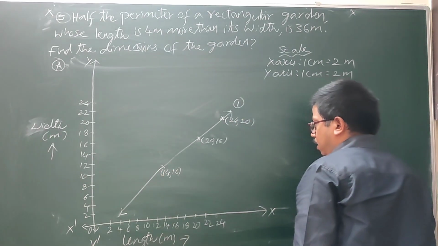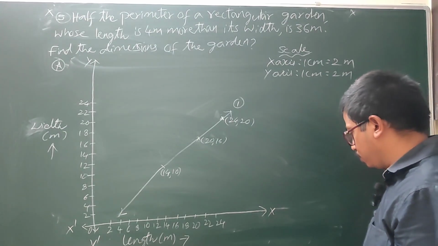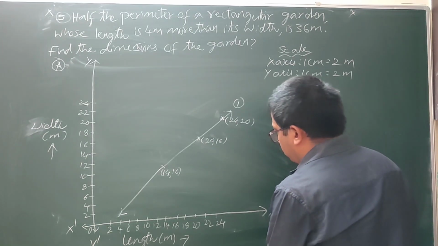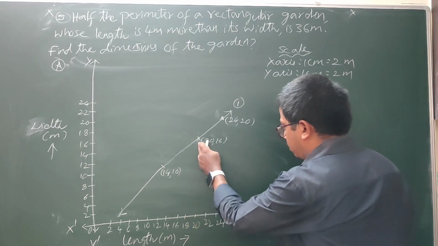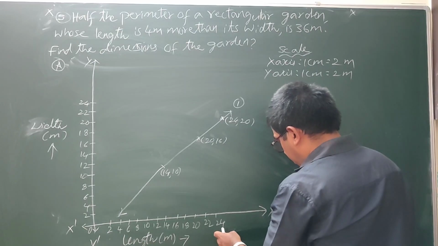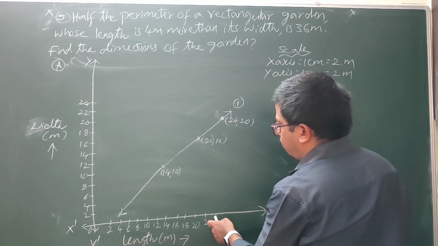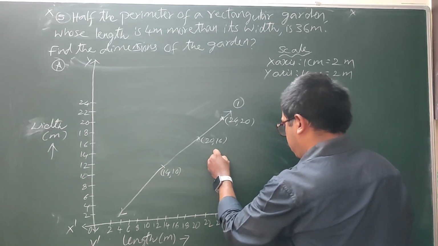Next, let me go for the second equation. So here for 20, 16. Next for 24, it is 12.